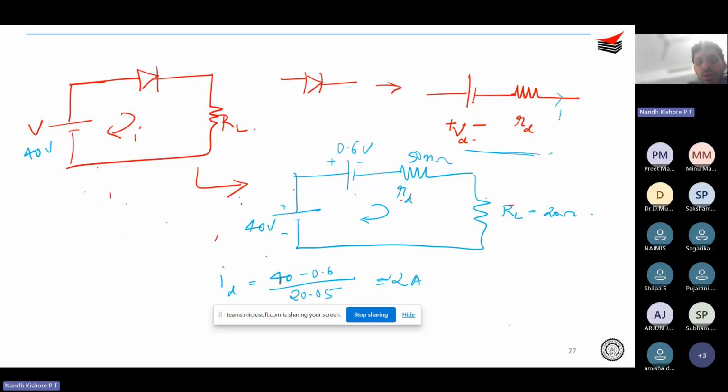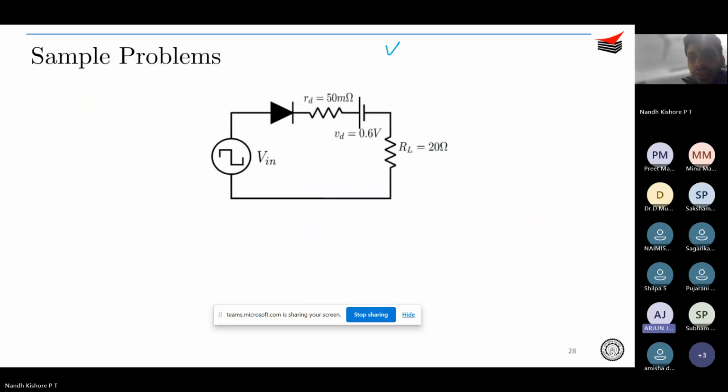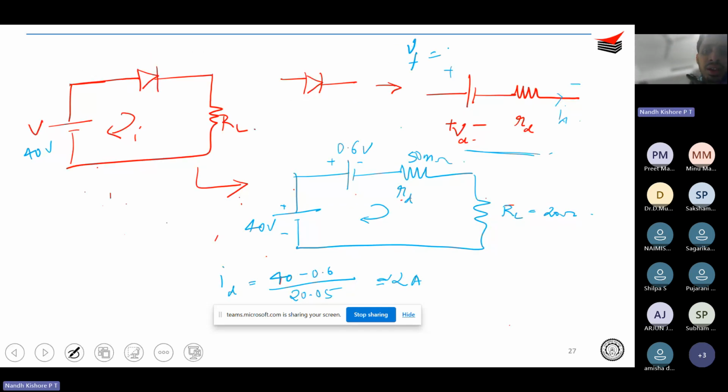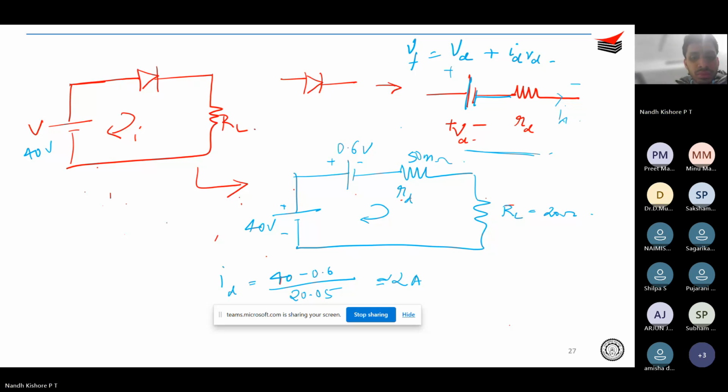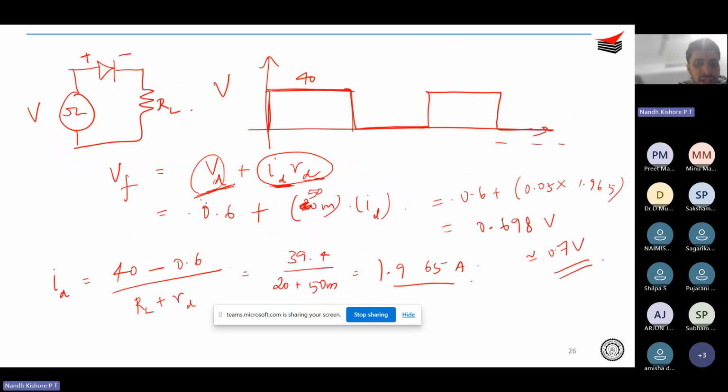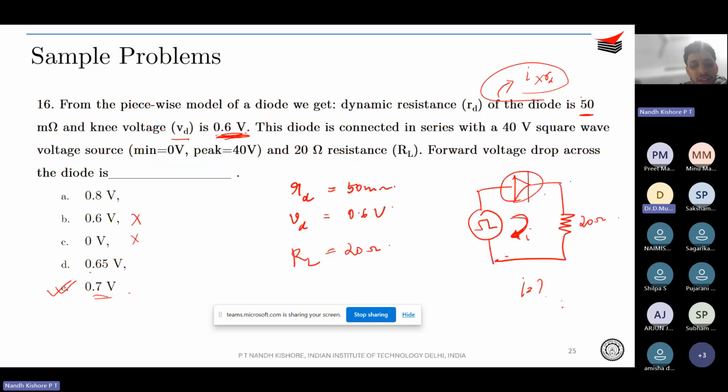Okay, so from this itself you can understand that the forward voltage drop is VD, that is this particular certain voltage, VD plus ID into RD. Okay. Any doubts over here? You can go ahead and ask. But yeah, it's pretty simple. You just need to plug in with the equivalent circuit of a diode.